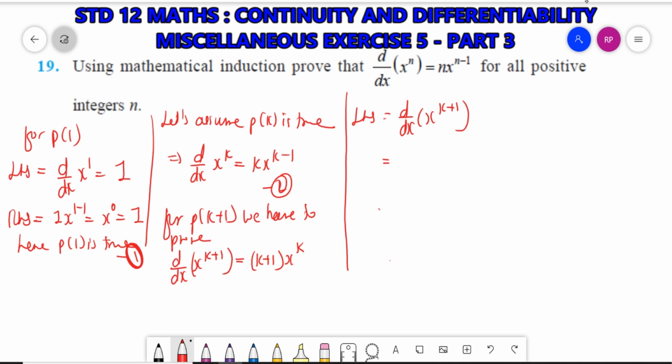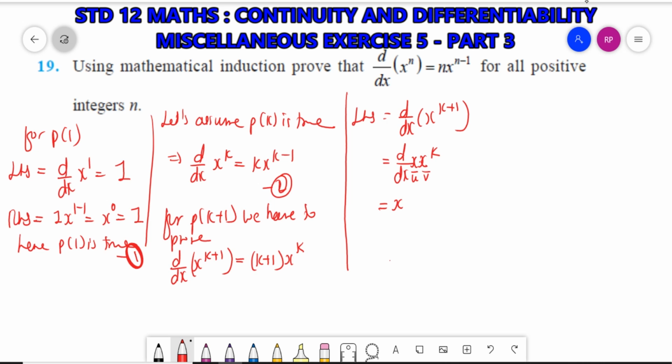So x raised to k plus 1, I can write it as d by dx of x raised to k into x. Okay, so now we'll use the method of UV.